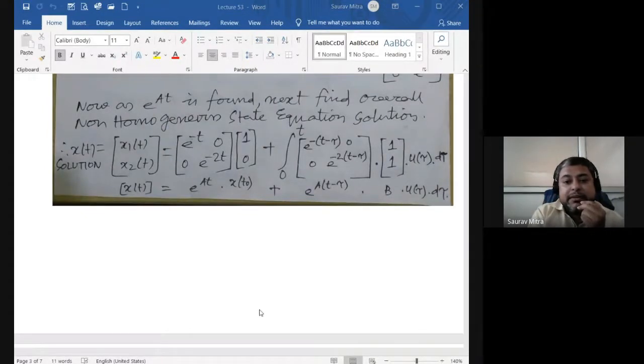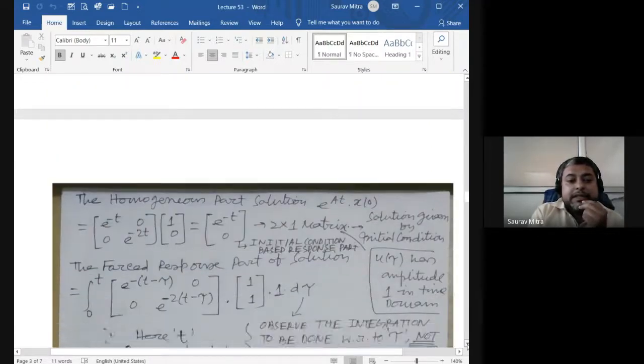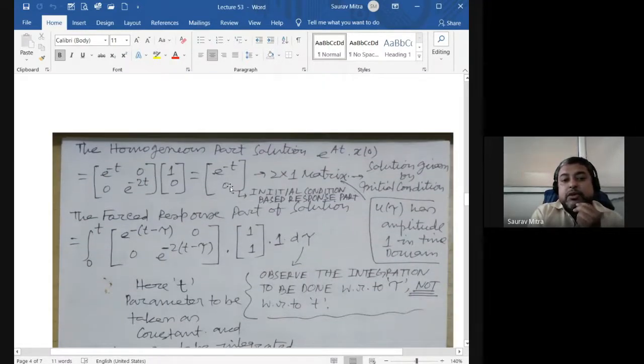As X2 has initial condition 0, you will find that the ZIR part of X2 is also equal to 0. That means the transient part of x1 will reduce exponentially as e raised to minus t. You know what the graph is. It falls exponentially, starting at 1 at t equal to 0, and reaching 0 at t equal to infinity. So this is e raised to minus t.